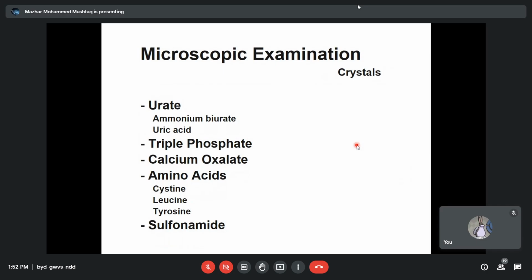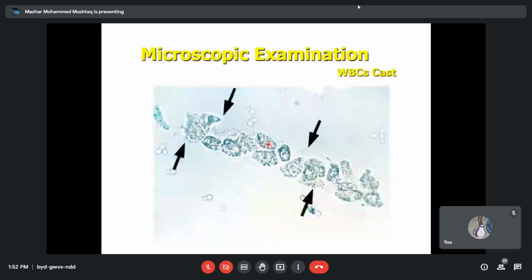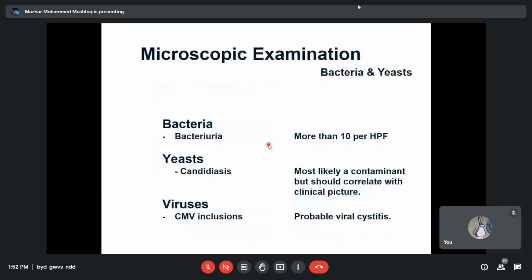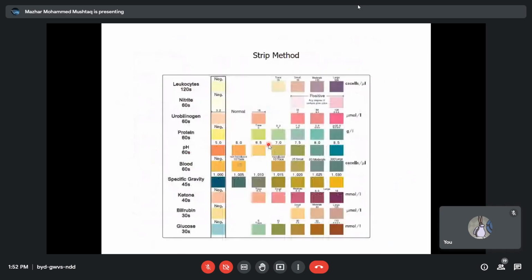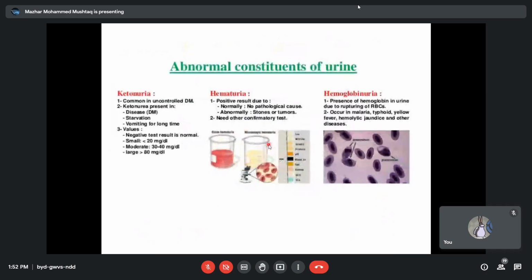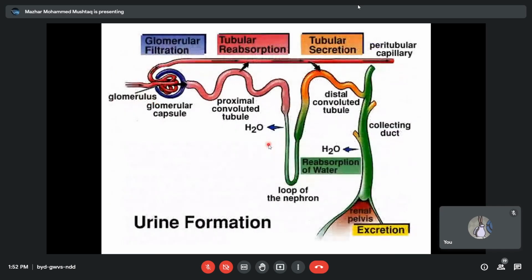And before I go to this crystal formation, I want to take you back to my first or second slide to explain how the cast actually forms. So here, all the things would be filtered.